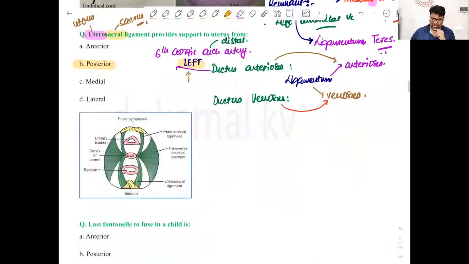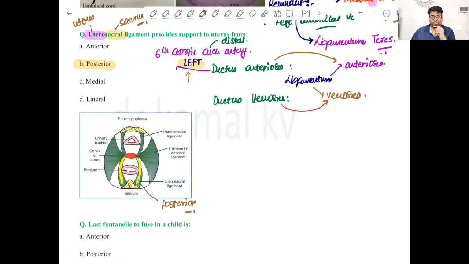So if you look here, this is the uterus, especially the cervix of the uterus, and this is the uterosacral ligament going behind till the sacrum, right? So you can clearly see that it is supporting on the posterior aspect.